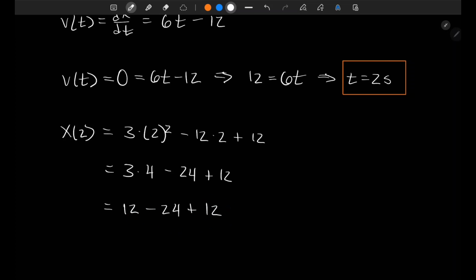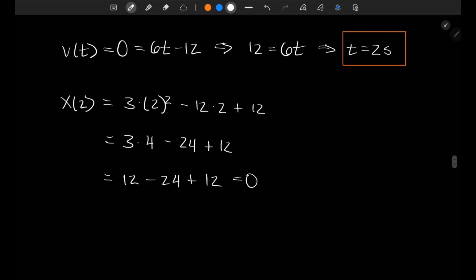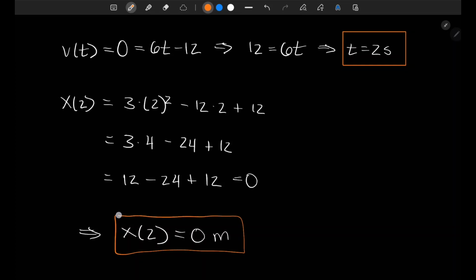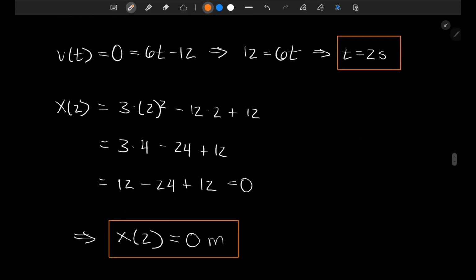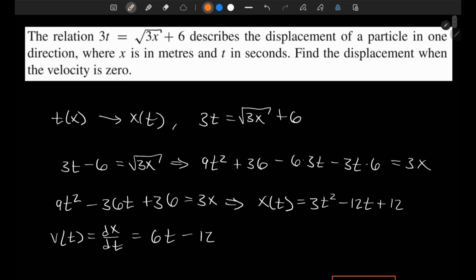But this is equal to 0. So the displacement x at 2 is equal to 0 meters. So when the velocity is 0, the displacement is also 0.